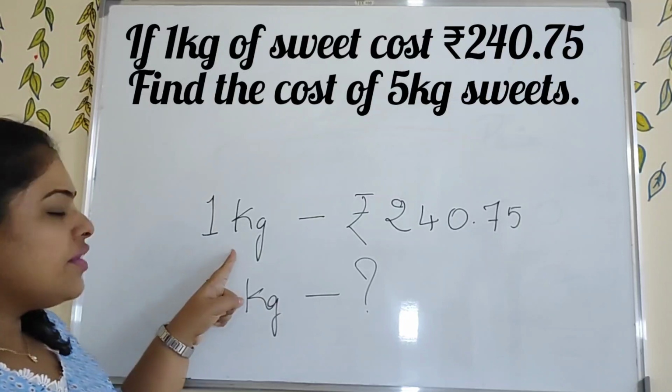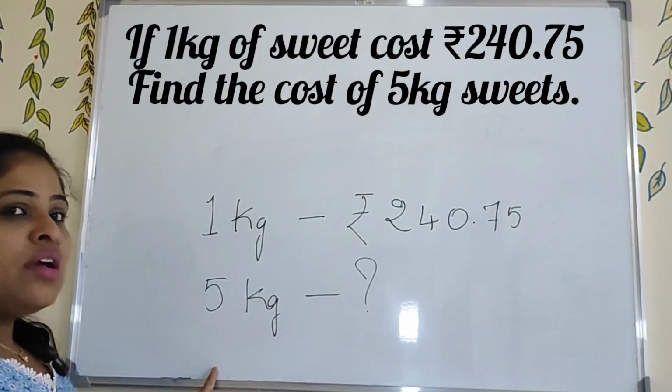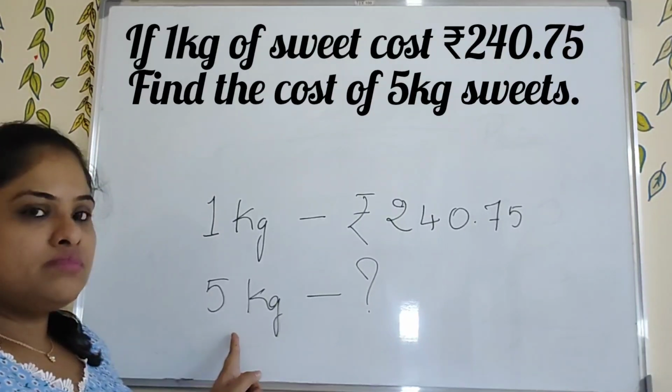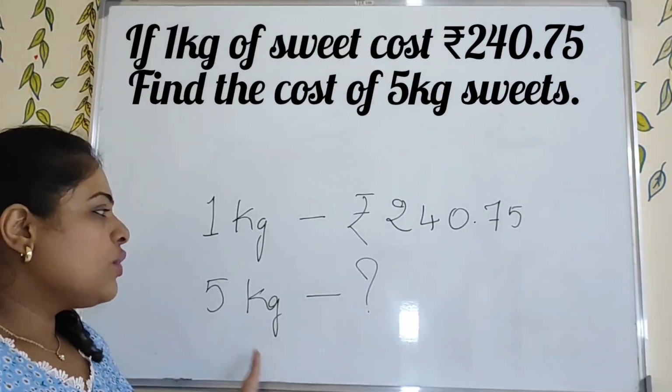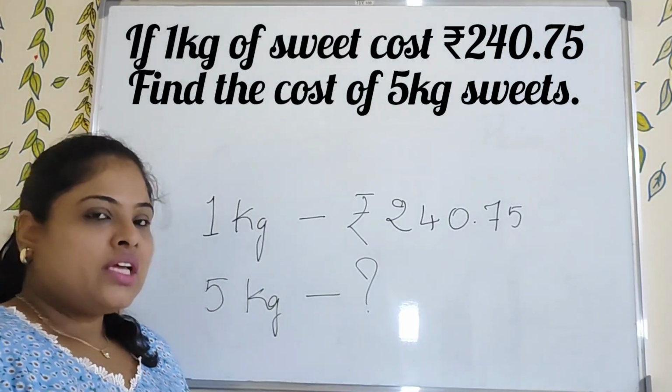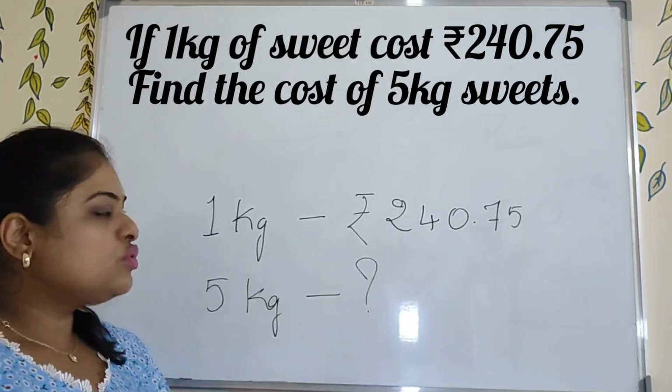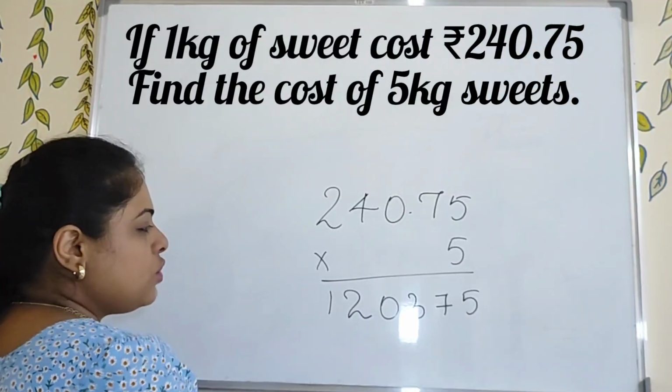So the value is already given for 1 kg and they are asking for a greater quantity in terms of kg or liters. You can always go ahead and multiply. This is direct multiplication. How do you multiply? 5 into 240.75, the answer is 120375.